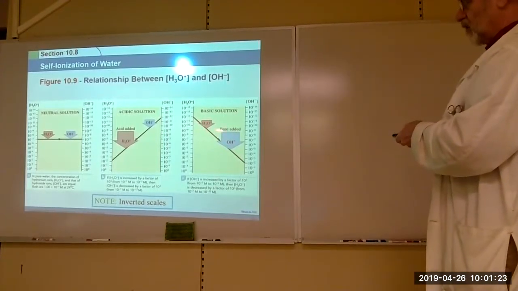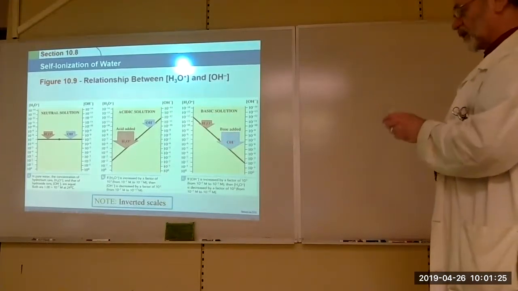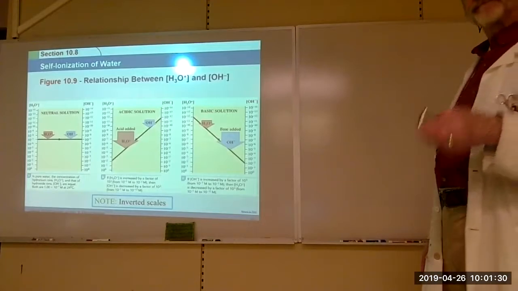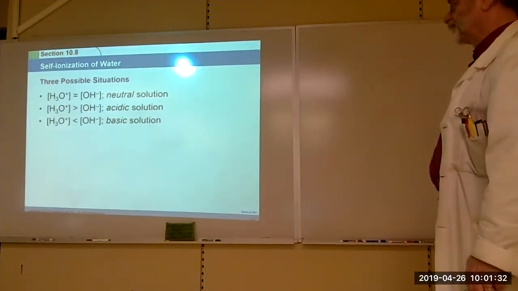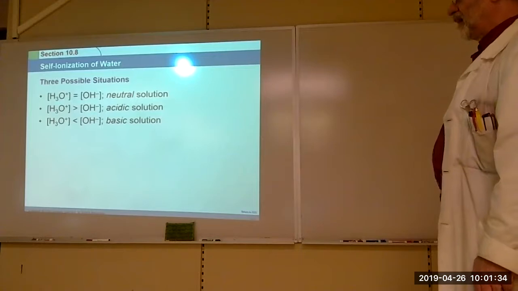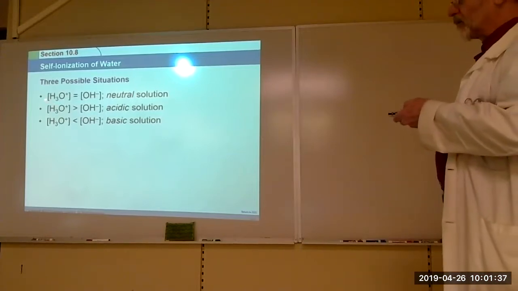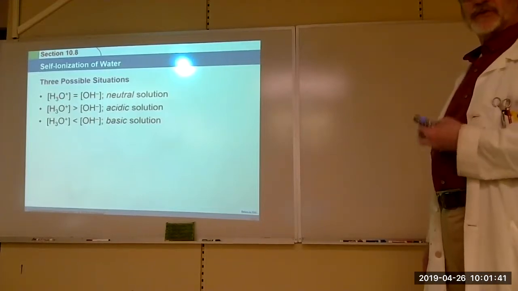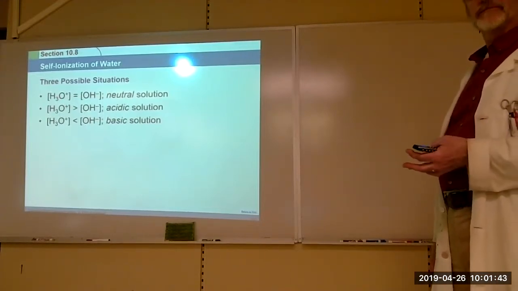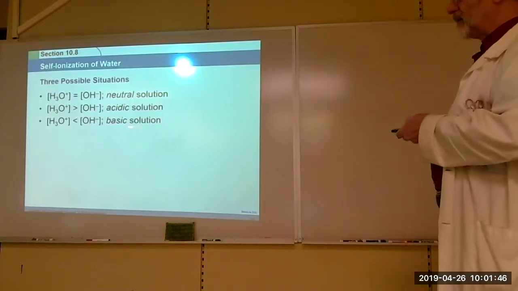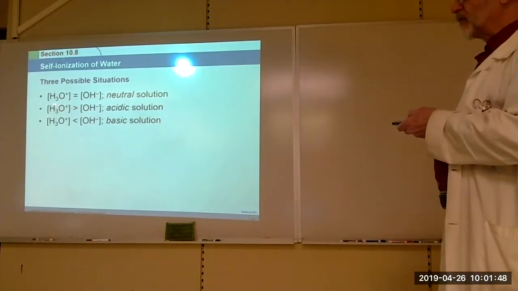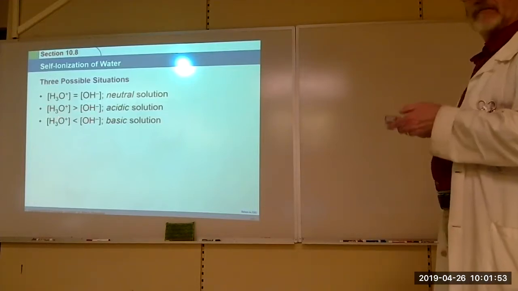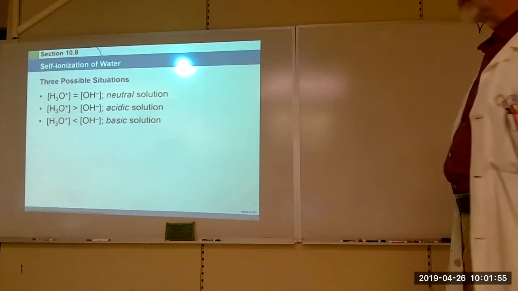So you get less hydronium and more hydroxide in order to keep that expression constant at 10 to the -14. If you have equal amounts in pure water, that would be 10 to the -7 equals 10 to the -7. That's a neutral solution. If you add acid, an acidic solution means this is bigger and that's smaller. Basic solution, this is smaller and that's bigger. It's really simple.